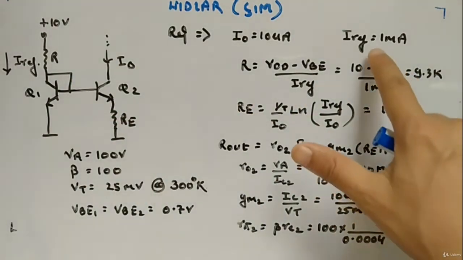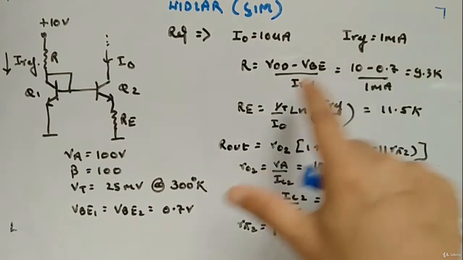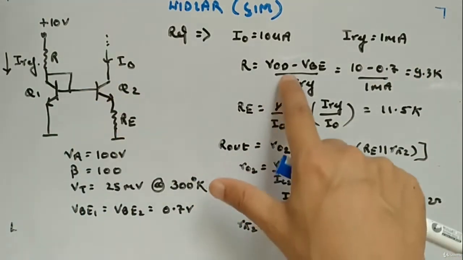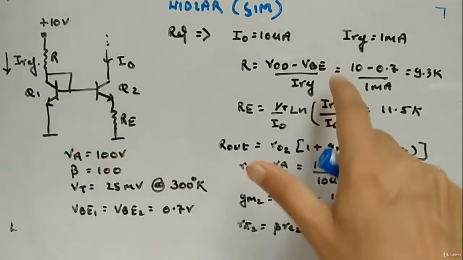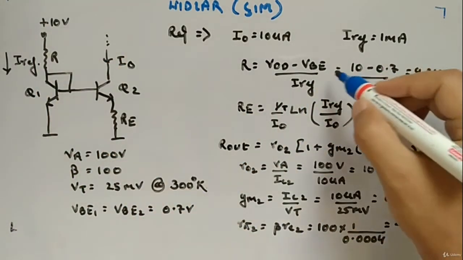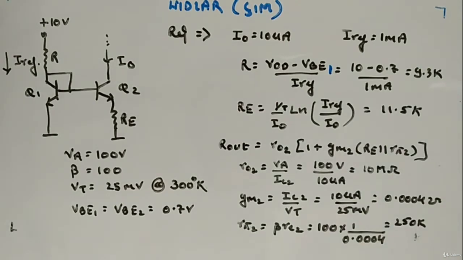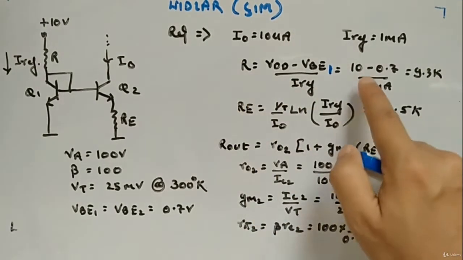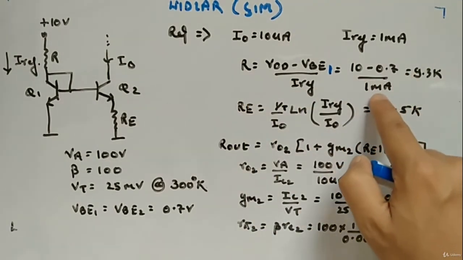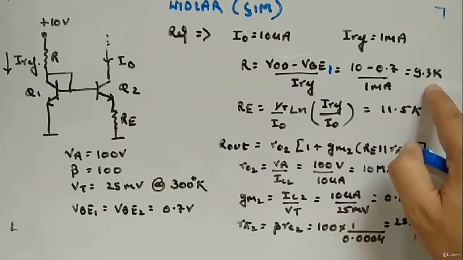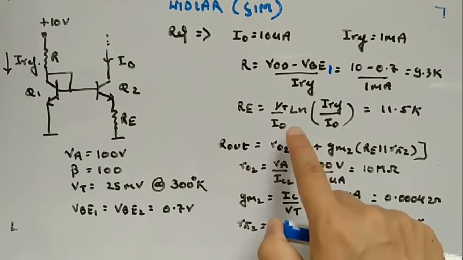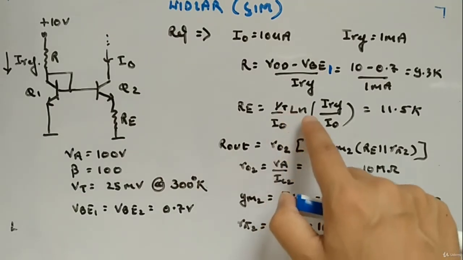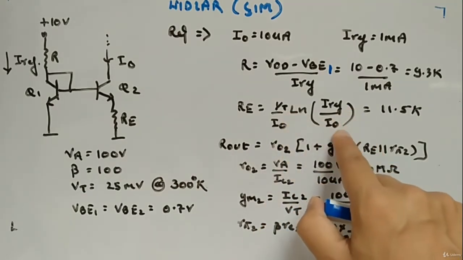So if you want IREF equal to 1 milliampere, the value of R will be VDD minus VBE1 divided by IREF. So 10 minus 0.7 divided by 1 milliampere gives you 9.3 K. This is the value of R. For RE, you know the expression VT by I naught times ln of IREF divided by I naught.